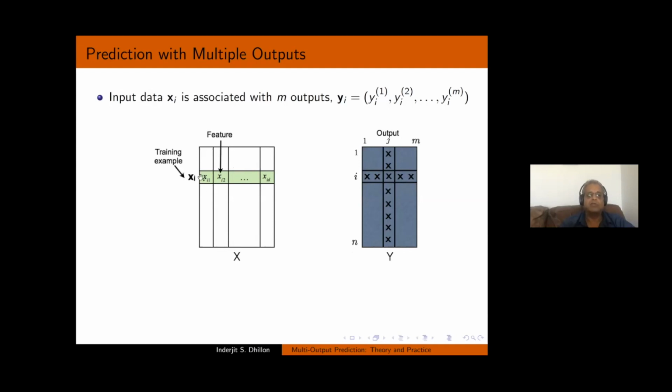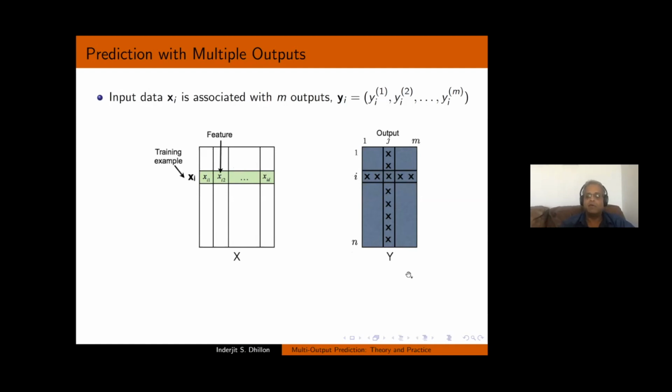The ith row of this matrix is the ith training data with D features. And instead of having just one output variable, I have 1 through M output variables, and I will assemble them in this target matrix Y.